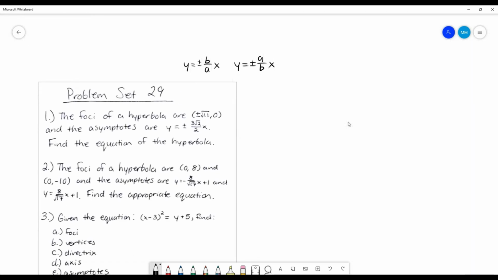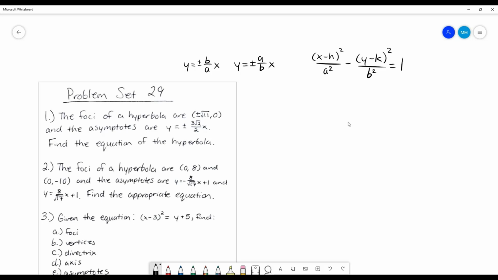So in this case, it looks like our transverse axis is going to be our x-axis based on where those foci lie, which means our hyperbola is going to look something like this. Which means that's going to be an equation like this. You'll notice this is almost identical to the equation for an ellipse, which is why we want to be very careful here.